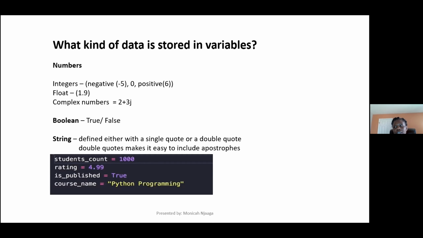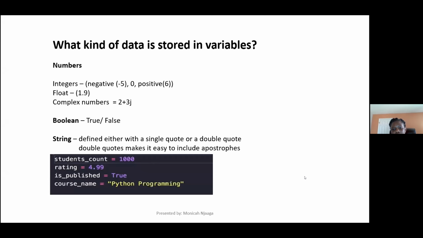Like if you want to say your statement is equal to "don't enter here", there is the apostrophe between the N and the T. If you put double quotes, then that will be printed as you expect, as opposed to if you had only single quotes around it, then you would need to use an escape character. And you'll learn more about escape characters as we go along.